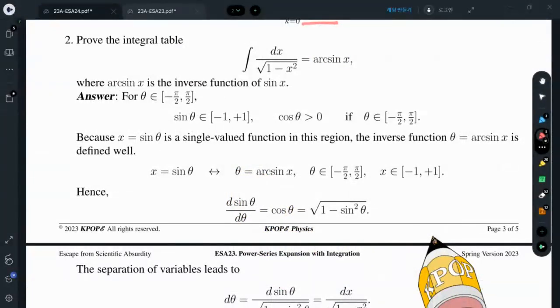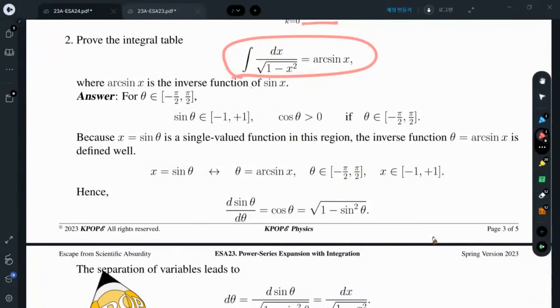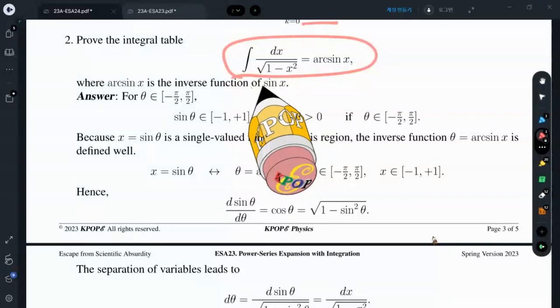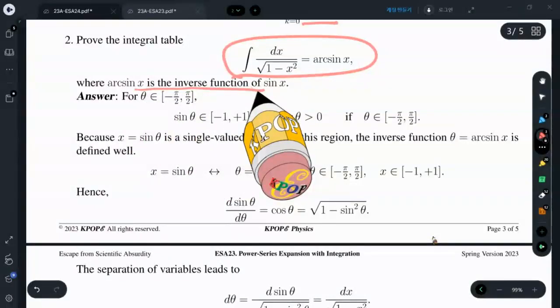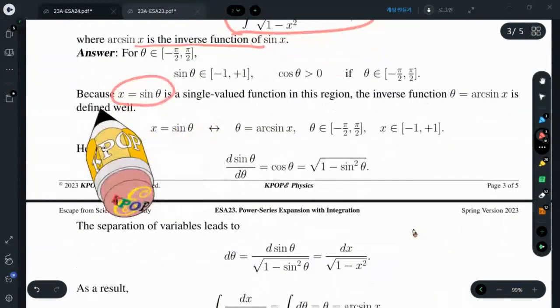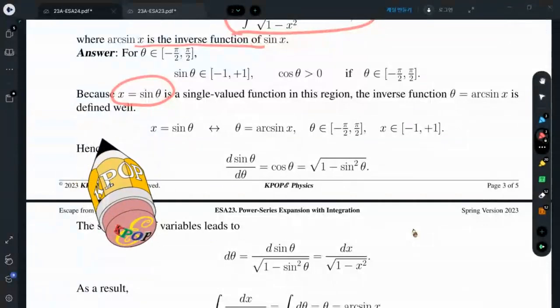Next, we consider the integral of arcsine. And you can obtain this integral table by making use of the method for the inverse function of sine of x. You know, let's say x equals sine theta.